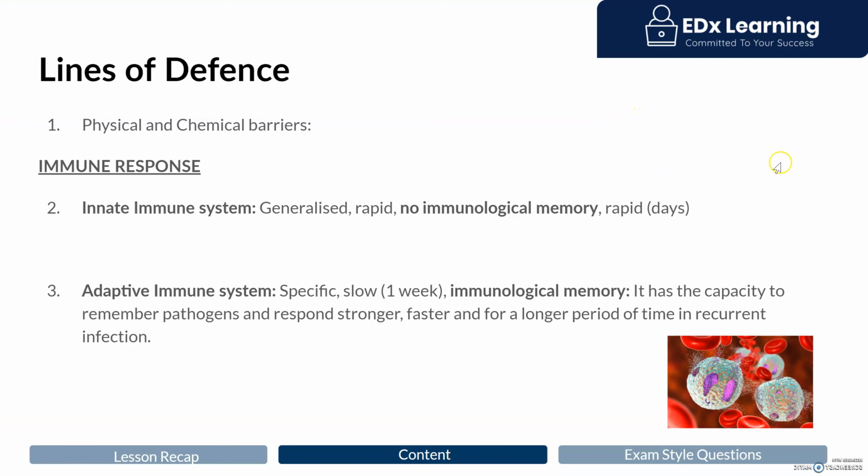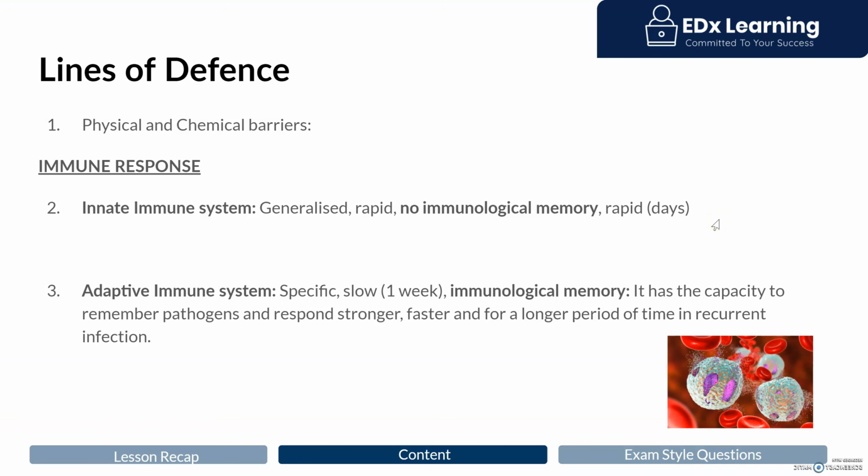Now, when we're talking about the immune response itself, we break it down into the second and third line of defense. Inflammation occurs under the second line of defense, which is your innate immune response. The reason it's called your innate immune response is very self-explanatory. Something that's innate is something that's fixed and non-changing within a person. So the innate immune response is just that.